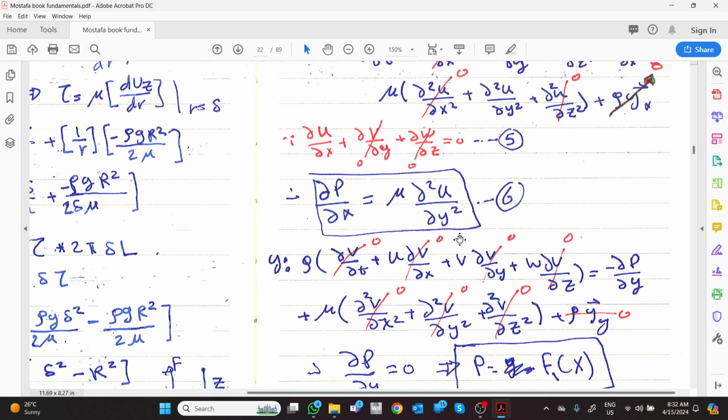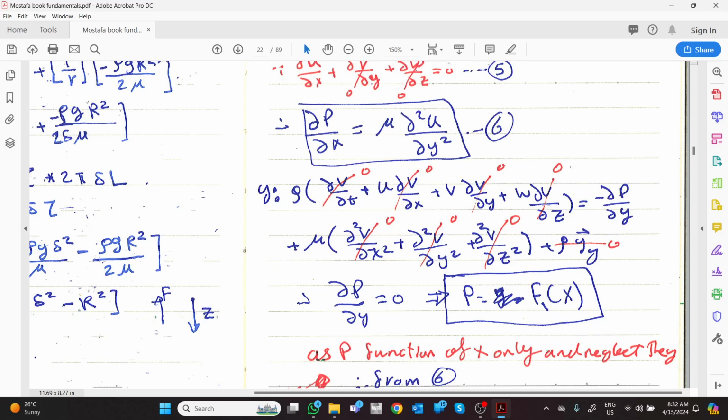So this is the equation in y. We will assume this one is 0, not assume, this will be 0 because we assume there's no gravity, neglected. So del p by del y is equal to 0, which means pressure is changing only in x direction.